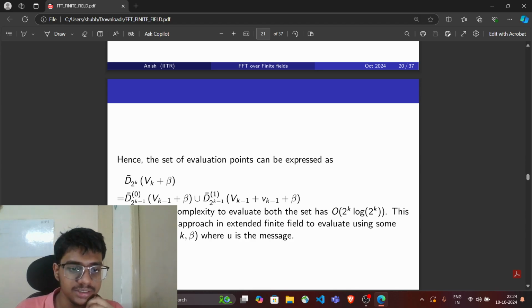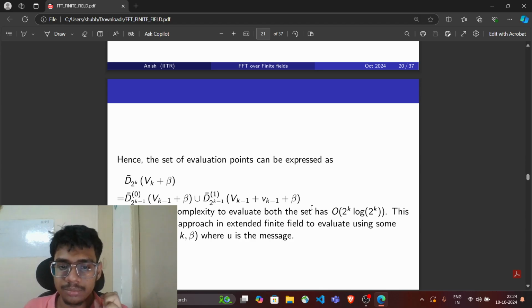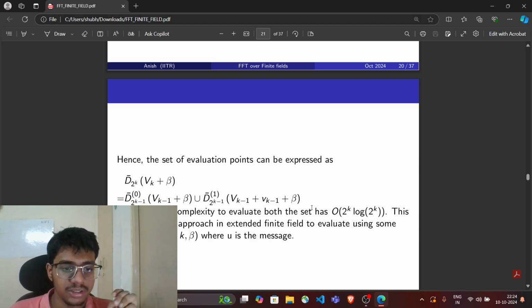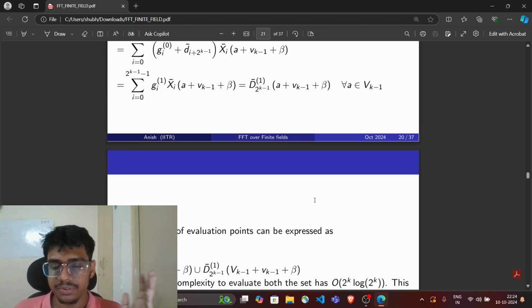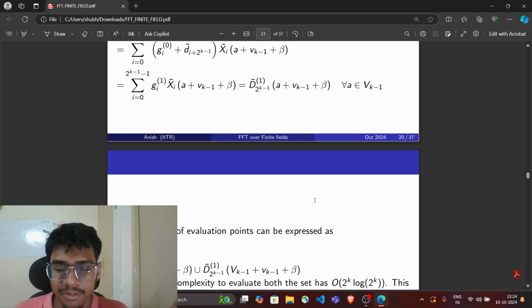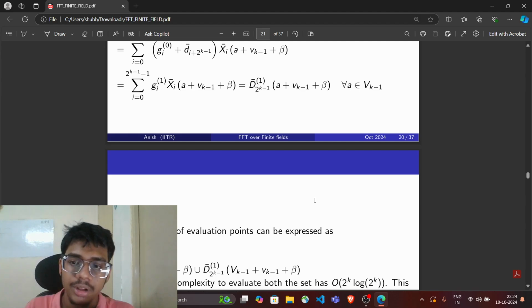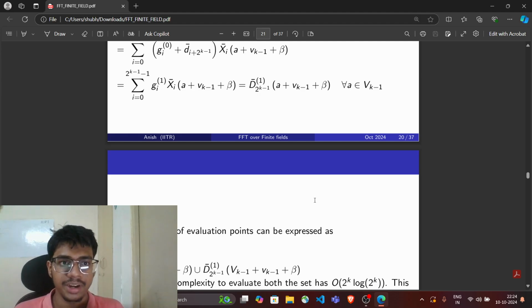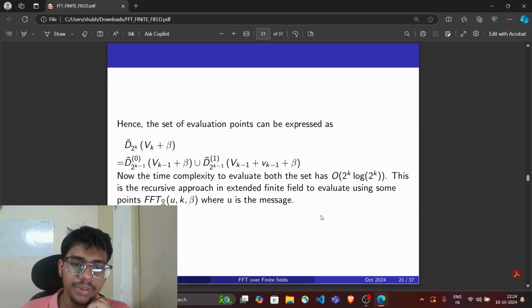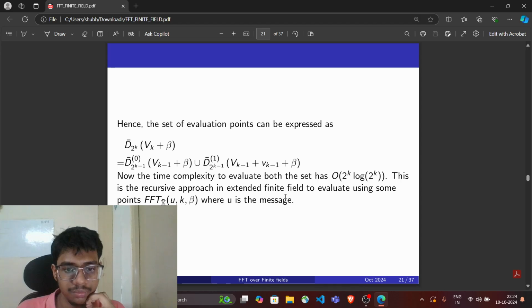So we have just arrived at a recursive approach to find the Fourier transform in our extended finite field. As I told you first, polynomial evaluation is what the Fourier transform in a finite field is. So we have obtained a recursive approach to find a fast Fourier transform.